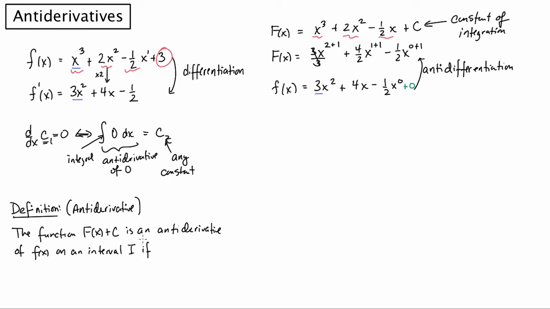if the basic relationship here is when I do the derivative of this function f that's my antiderivative, I'm going to get back little f. So if the derivative of my antiderivative is equal to the original function f for every x in the interval.